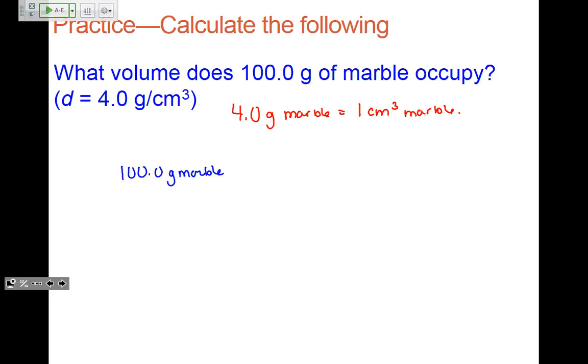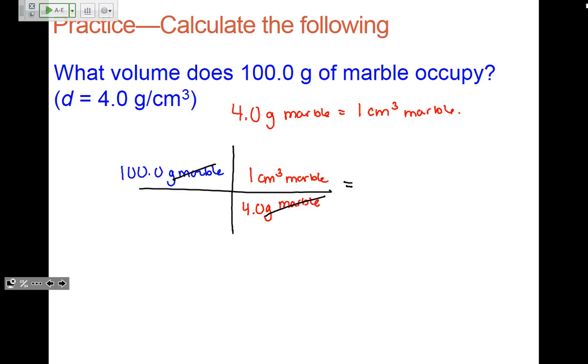So our 4.0 grams is going to go on the bottom, and my 1 centimeter cube of marble at the top. And that can be canceled out. So that will give us our answer. And that should be our answer in 2 significant figures because 4.0 is in 2 significant figures.